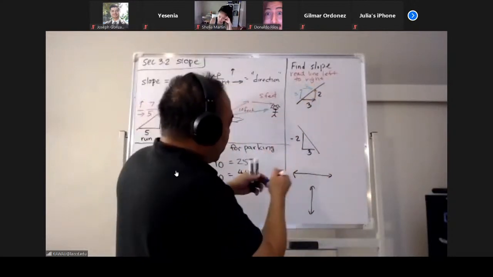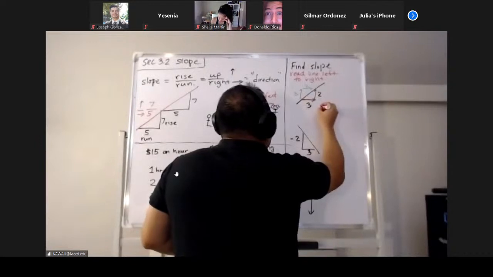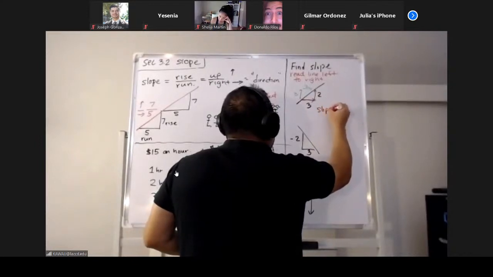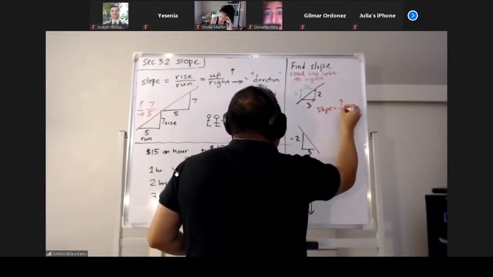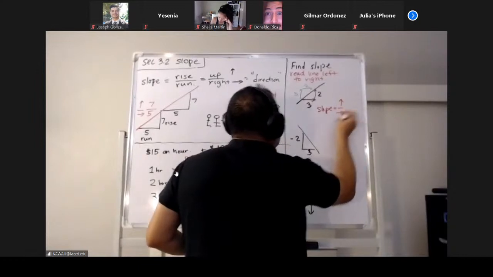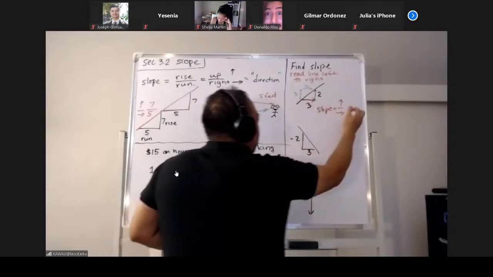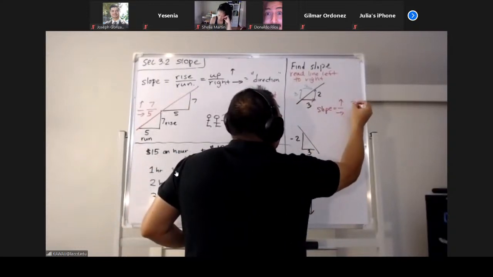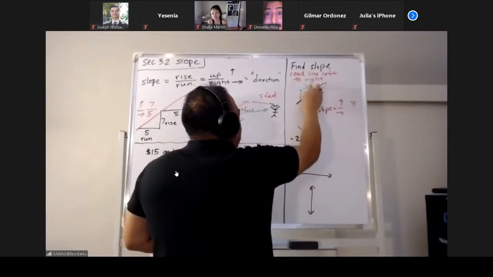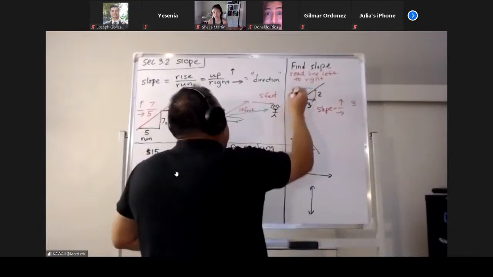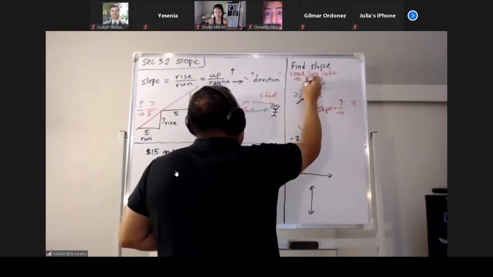You'll get the same value because slope is equal to up over right. Okay, so over here, how many up did I go? 3. Oh, I'm sorry, this should be 2. That should be 3. Okay.